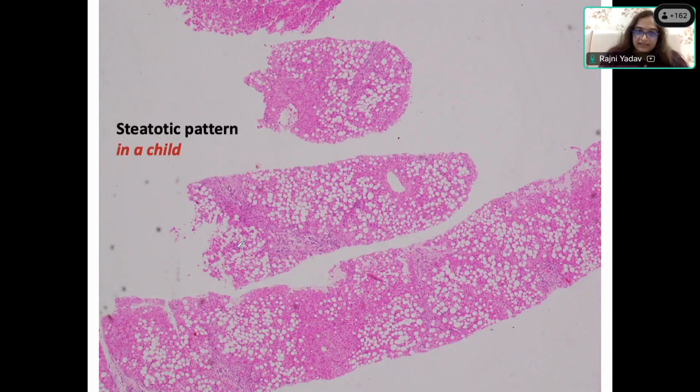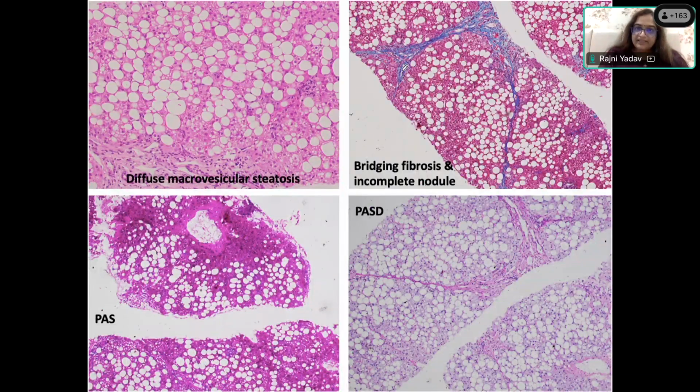Now this is another case, a 5 year old child, and we can see predominant steatosis in the biopsy. And see, the trichrome stain is highlighting that it is progressing fast. So you have got this incomplete nodule, a lot of bridging fibrosis and incomplete nodules in such a small child with diffuse macrovesicular steatosis.